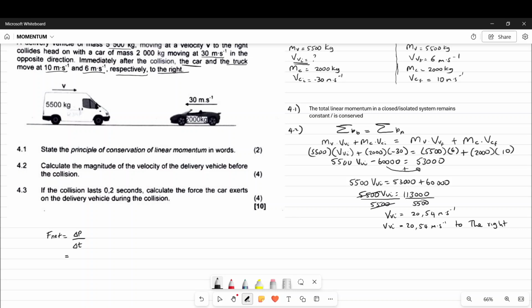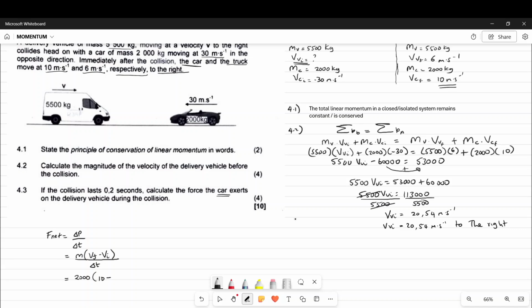So now let's open this formula again. We know that change in momentum can be written as mass times v final minus v initial, all over change in time. For mass we can use the car, which is 2,000. So 2,000 all over v final. v final in this scenario is 10, because we got it over here.